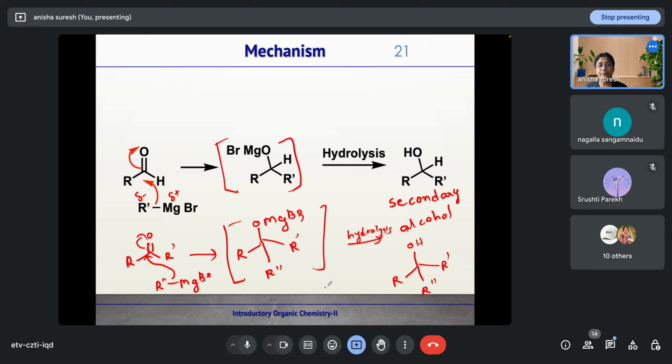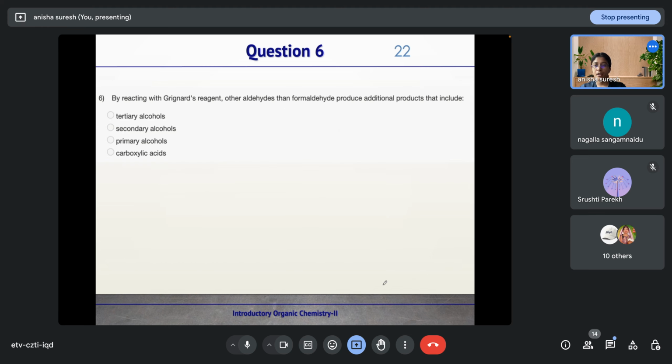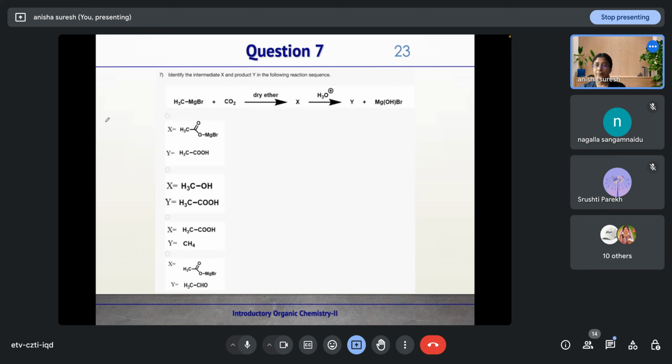So this is a tertiary alcohol. So this is clear, right? By reacting with Grignard reagent, aldehydes other than formaldehyde produce addition products that include secondary alcohols. Now coming to question number 7.